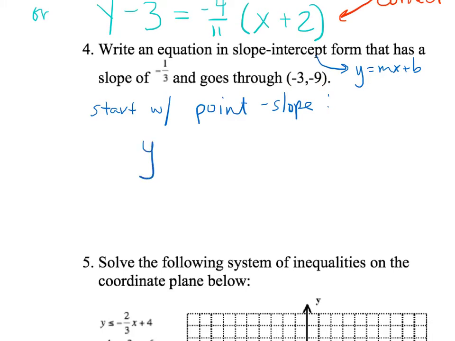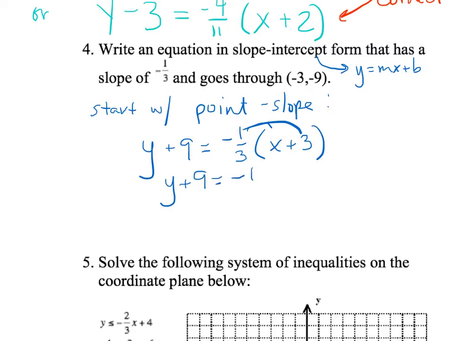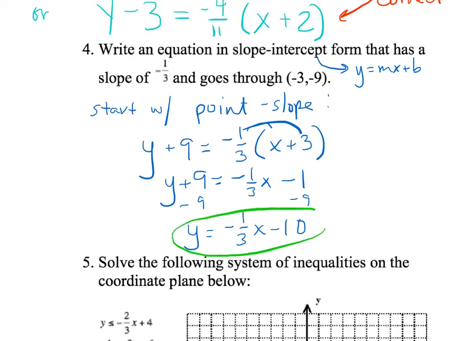So y plus 9 equals negative 1/3 times x plus 3, and then morph it, transform it into this. So we're going to distribute this negative 1/3, and we're going to subtract 9. And then this here would be slope-intercept form.